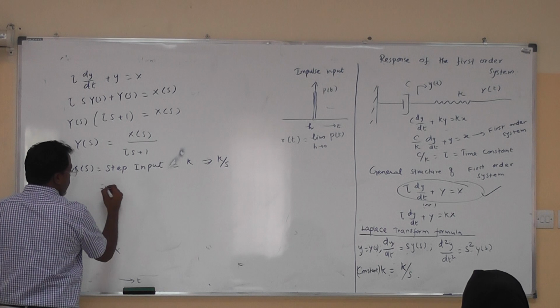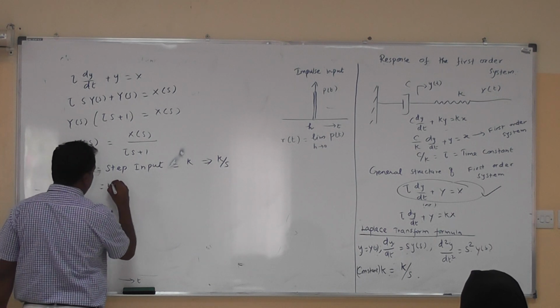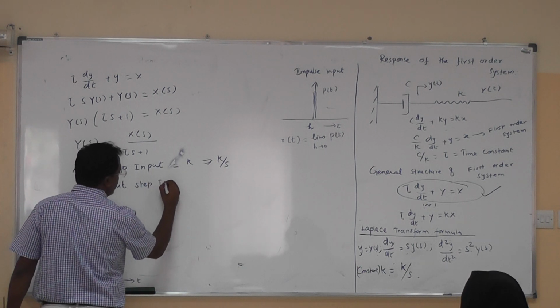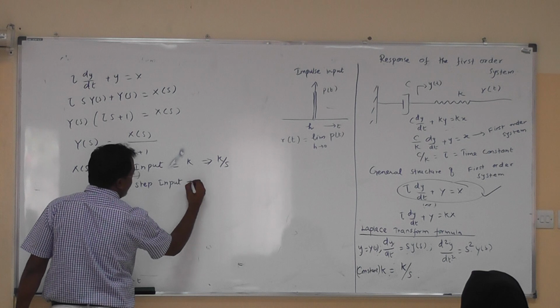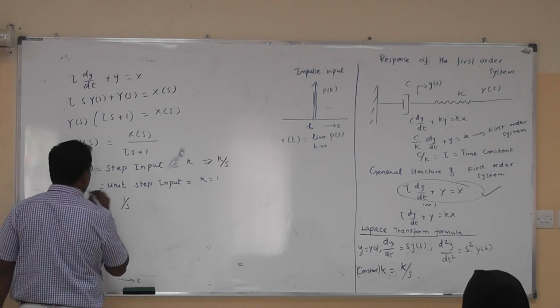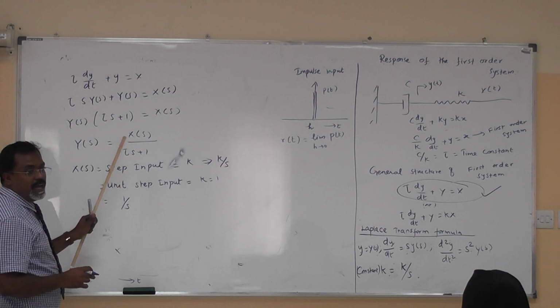Then again I don't know k, so I am going to assume a unit step input. Unit step input means k equal to 1. If I put k equal to 1 in the previous equation, then 1 by s will come. So if I give 1 by s, what will be the response equation?